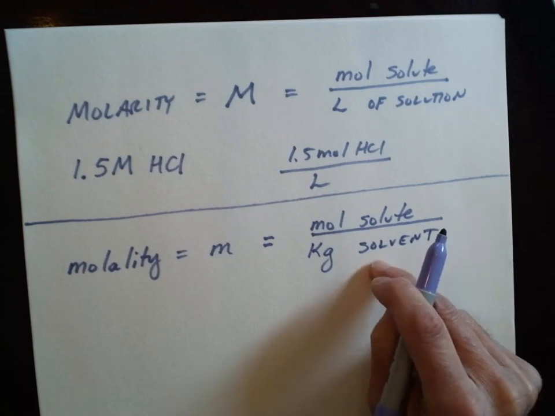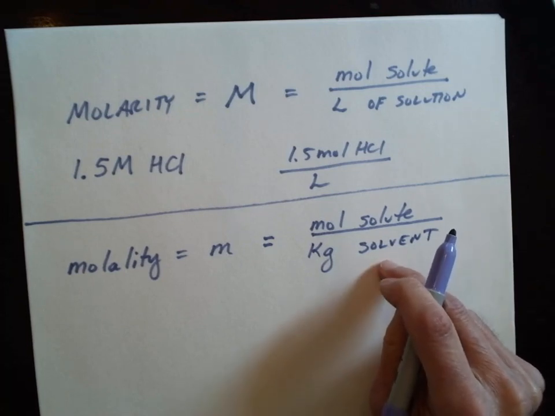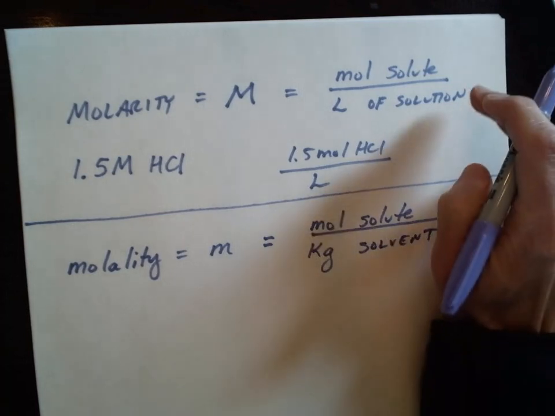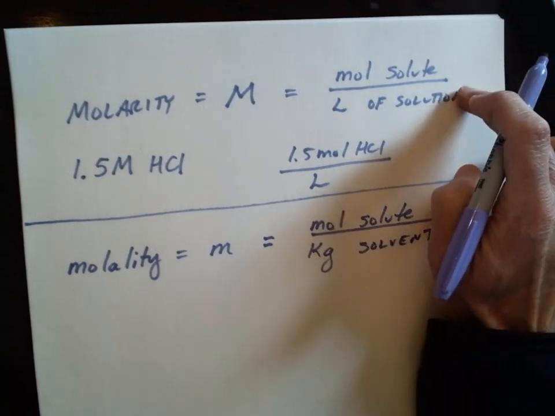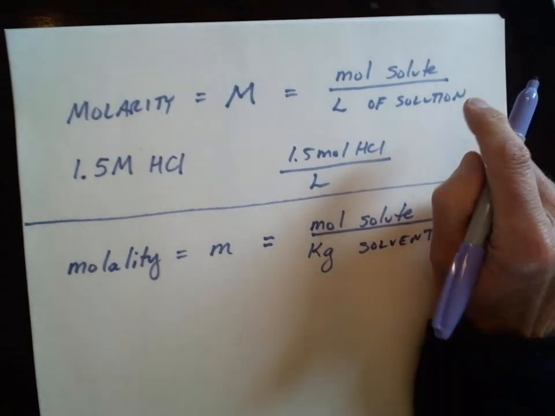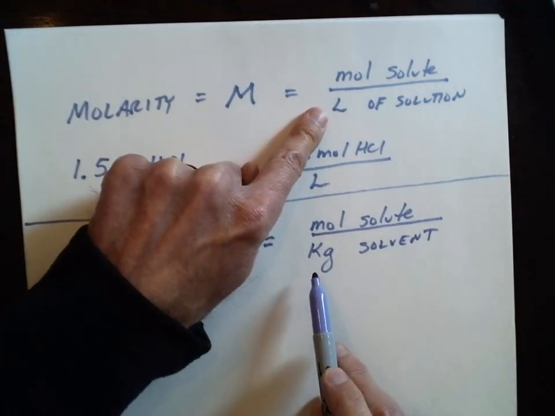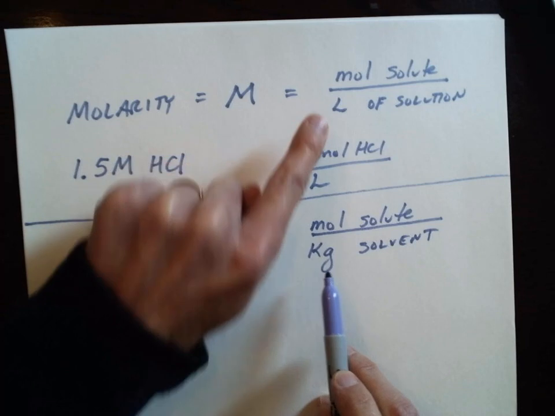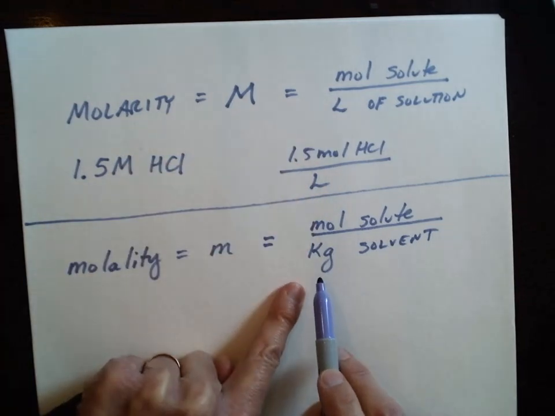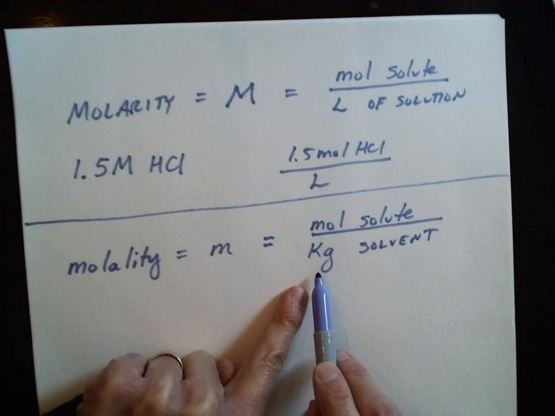Now I want you to recognize that the denominator of molality is different than the denominator of molarity in 2 ways. The unit's different. In molarity, the unit is liter on the denominator, whereas in molality, the denominator has units of kilogram.